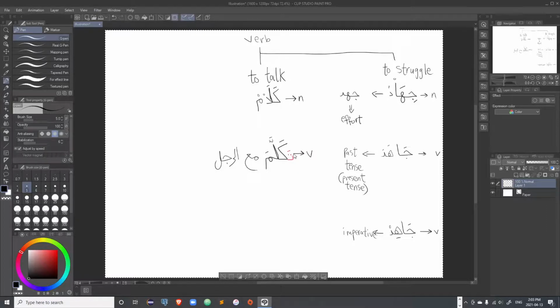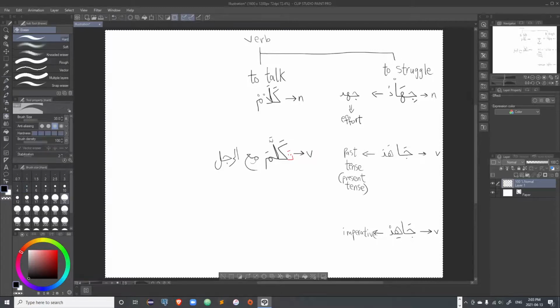If you are not going to add this and you'll say هو كلم الرجل without مع, that means he is speaking to or talking to the person. So it could mean that he is speaking informatively to the person as opposed to communicating or conversing with an individual. I actually learned a new rule here. I am glad.